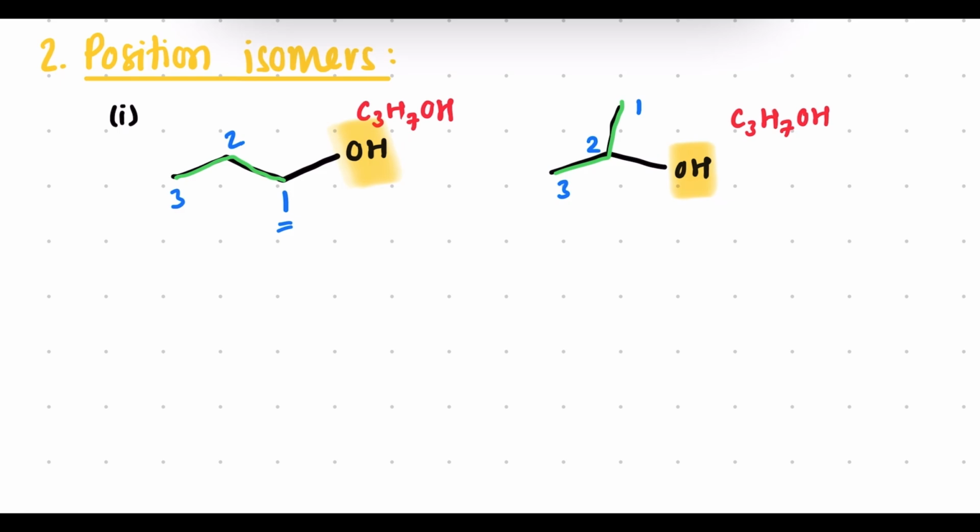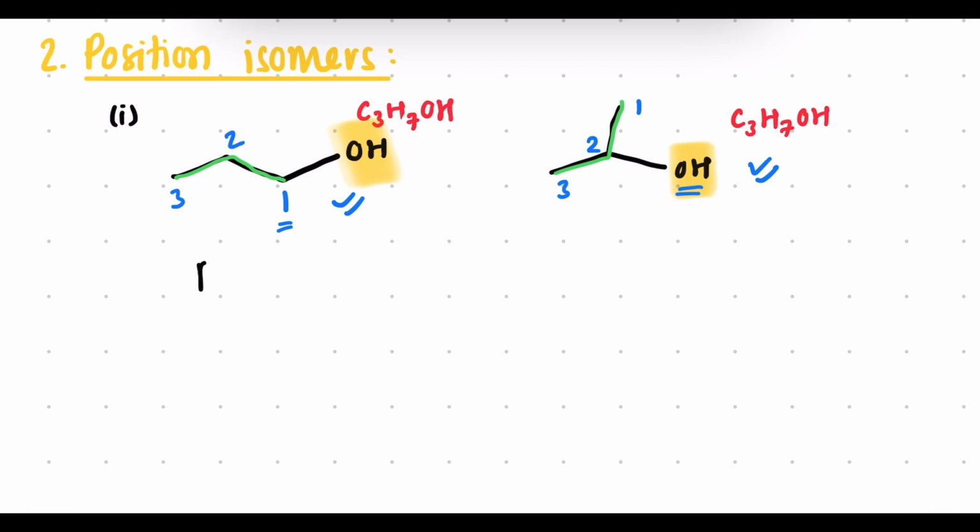However, in the second compound, you find that the OH group is bonded to the second carbon. So here, the difference between the first one and the second one is the position in which the OH group is bonded. Even if we write the IUPAC names, you would automatically get an idea of what is differing.